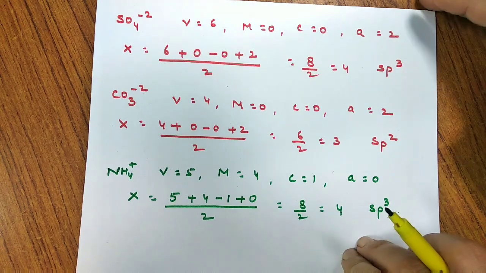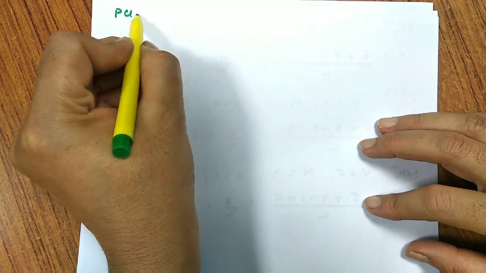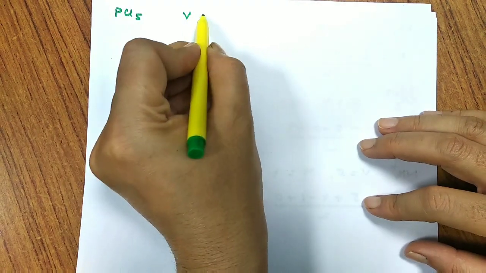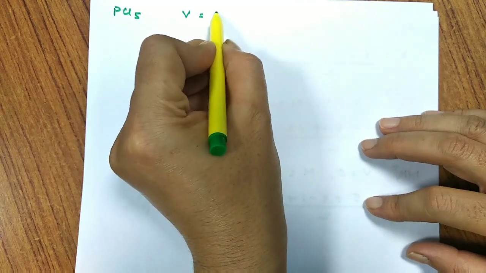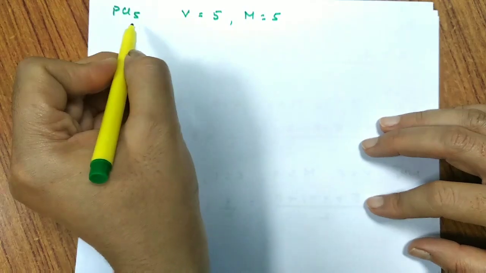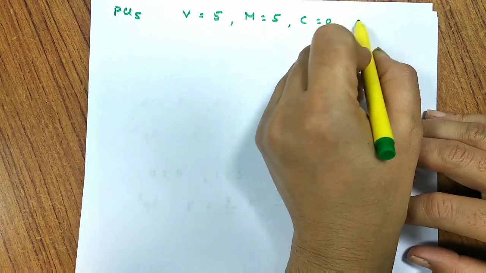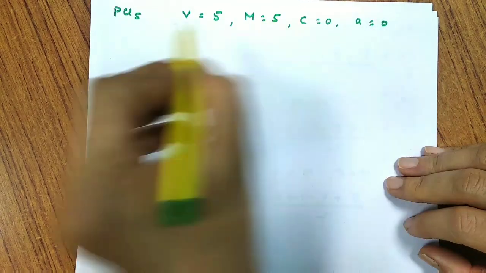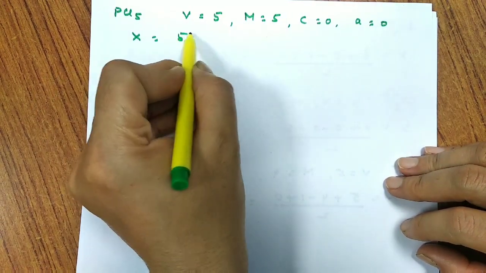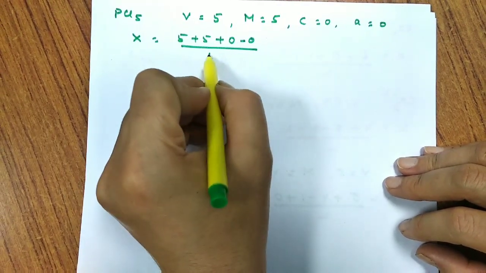Let us take certain examples containing d orbitals. For example, PCl5. V: phosphorus belongs to the nitrogen family, so its valence electrons would be 5. M would be 5 because chlorine has 1 valency, monovalent. C is 0, A is also 0. So X comes out to be 5 plus 5 minus 0 divided by 2.